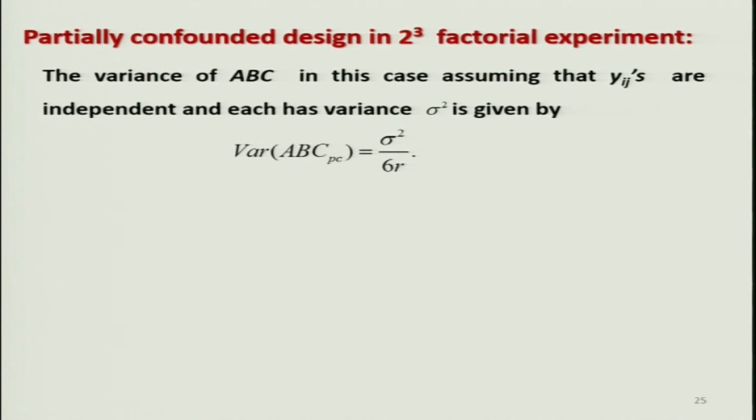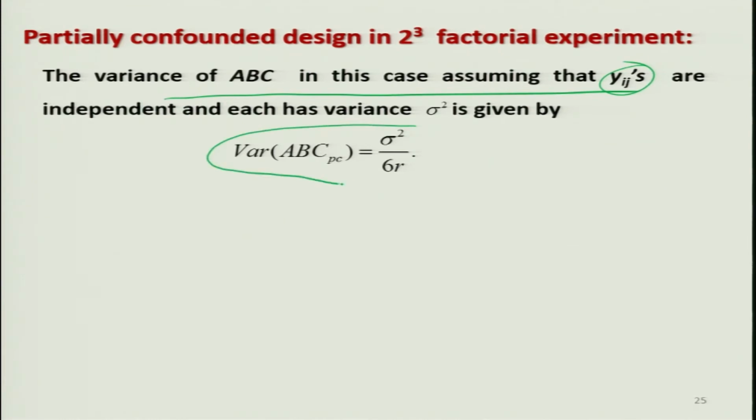You already found it when an effect is confounded in one replicate and is estimated from the 3 other replicates. So the variance of ABC in this case, assuming the Yij's are independent and each Yij has variance sigma square, is the variance of ABC under partial confounding, sigma square upon 6r.